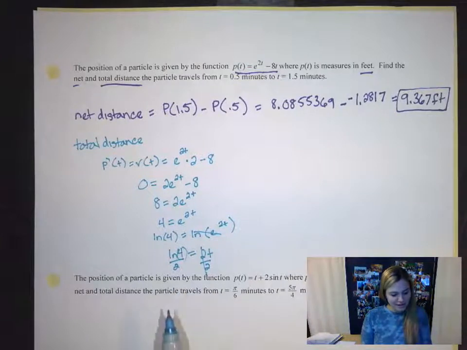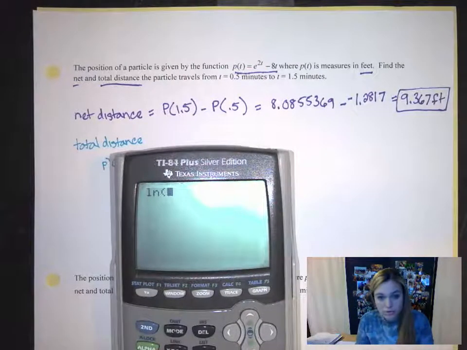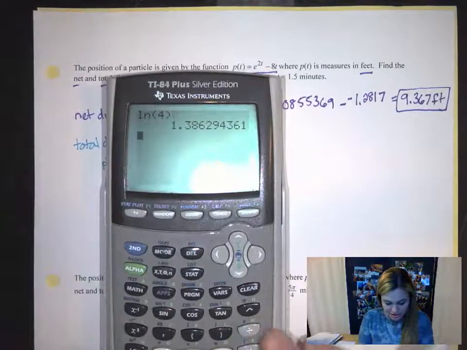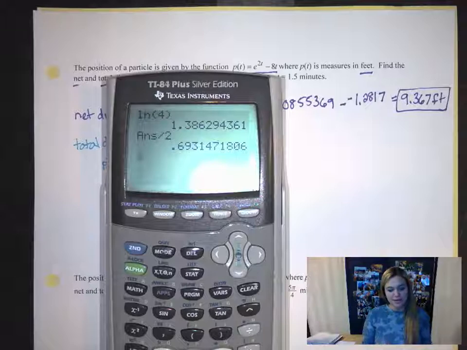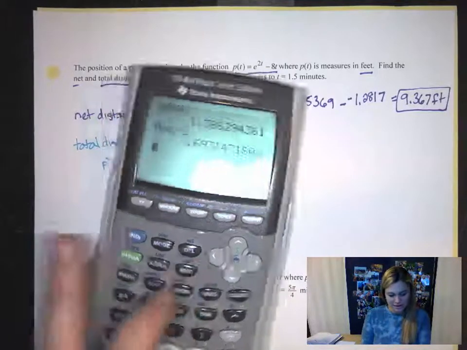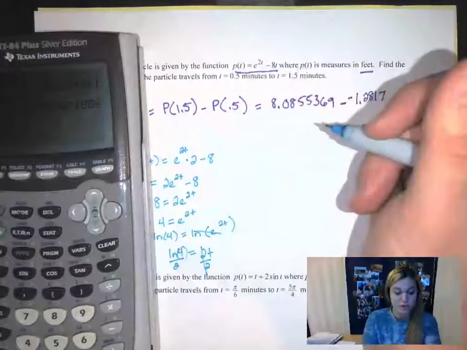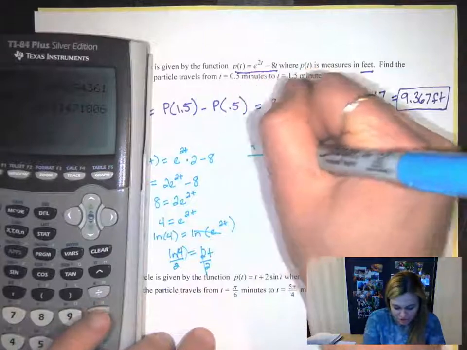It's just because if you did the natural log of 4 and you divide it by 2, this is just really long. The 0.6931471806, that's a long thing to keep writing, so I just chose to write it as the natural log of 4 divided by 2. But you do you. Or you could say 1/2 the natural log of 4. Then I'm going to make a chart.